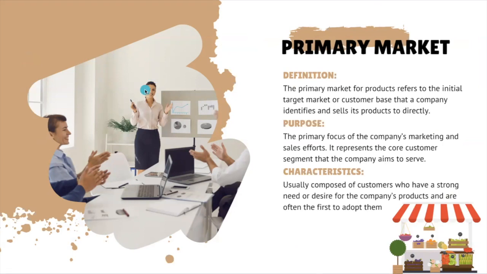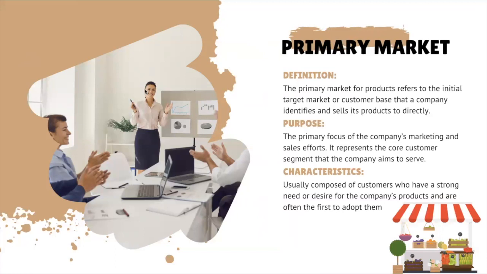All right, so now that we've talked about the details of a target market, let's get into the different types of markets. So first we have the primary market, and the primary market for products refers to the initial target market or customer base that a company identifies and sells its products to directly. Now, the goal of the primary market is to focus on a company's marketing and sales efforts.